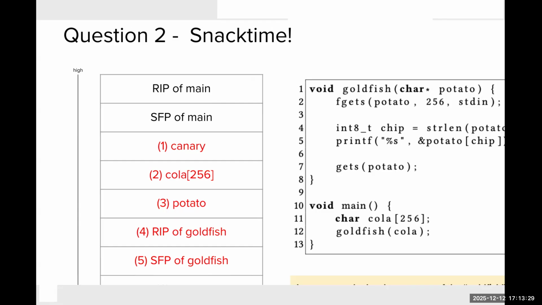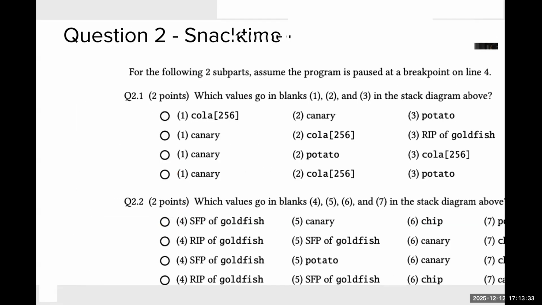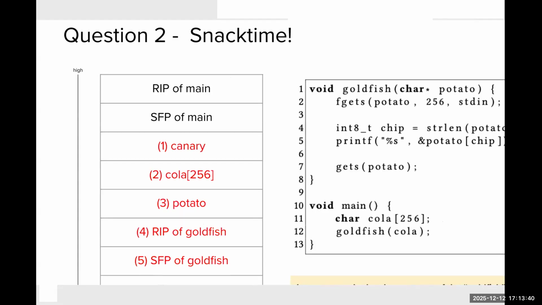There's a breakpoint at line 4. So technically, chip is not defined yet. Good question. In C, the compiler allocates space on the stack for local variables even before those local variables are defined.